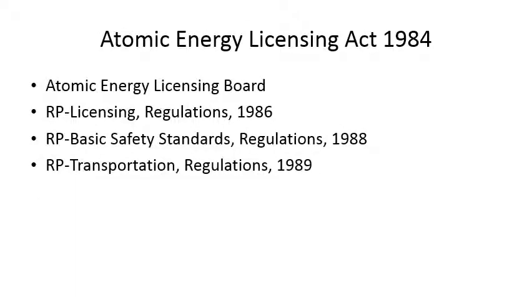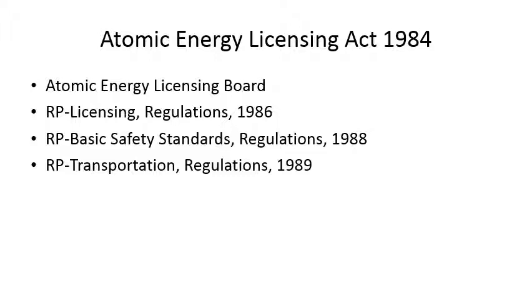In Malaysia, the use of radiation energy is governed by the Atomic Energy Licensing Act, 1984. Under this act, the Atomic Energy Licensing Board was established in 1985, and acts as an enforcement authority for the implementation of the act. In 1990, the board was then placed under the Ministry of Science, Technology, and Innovation.